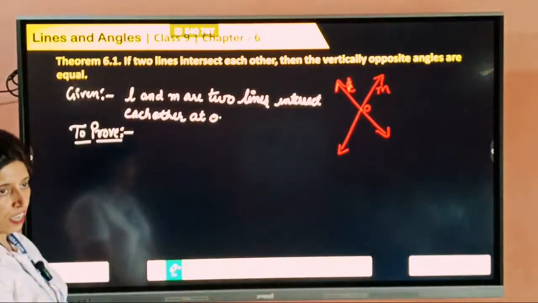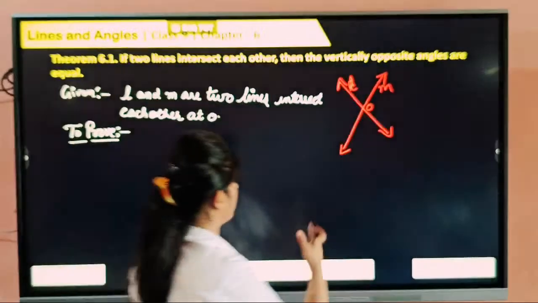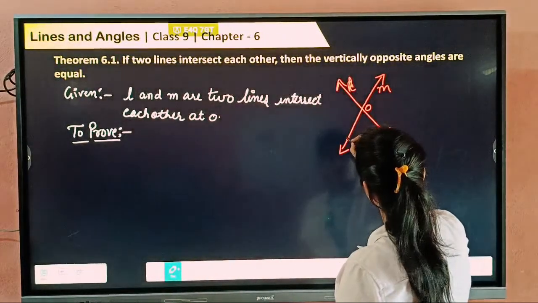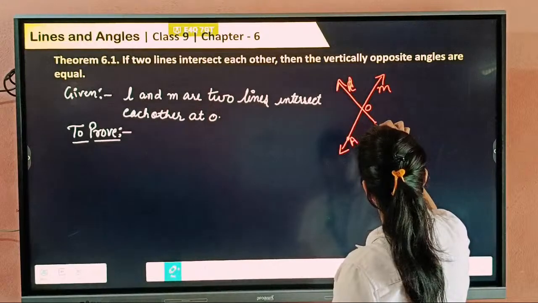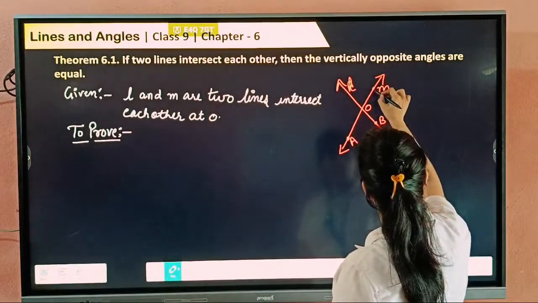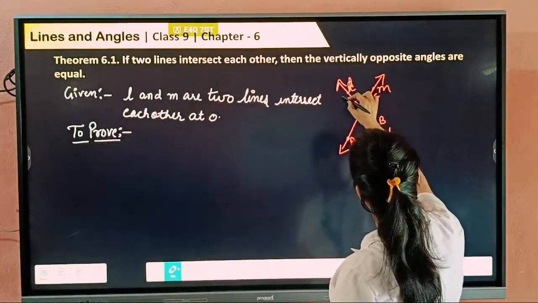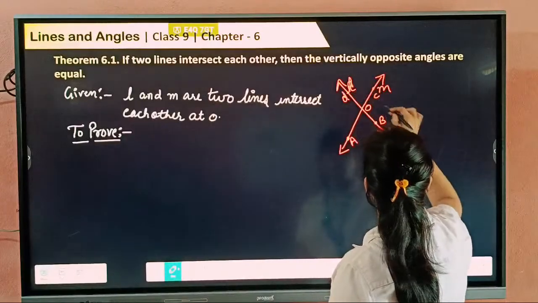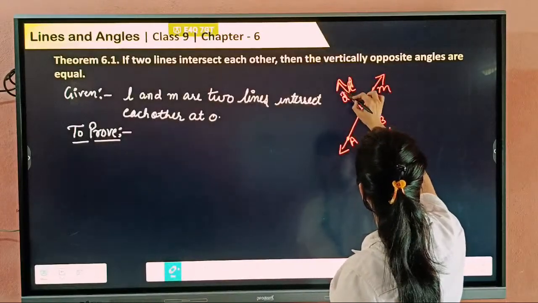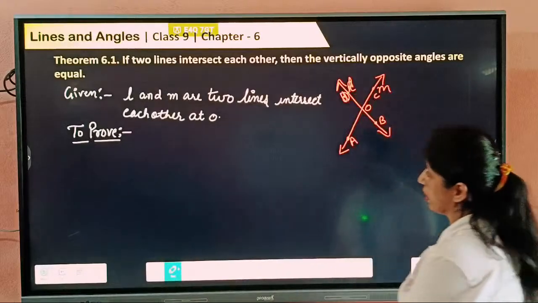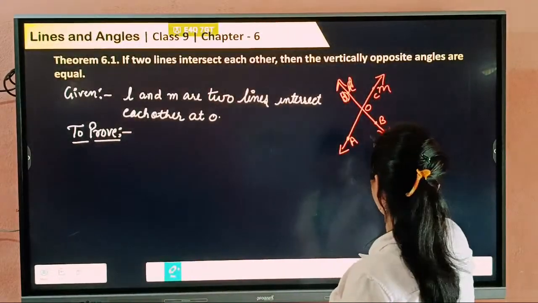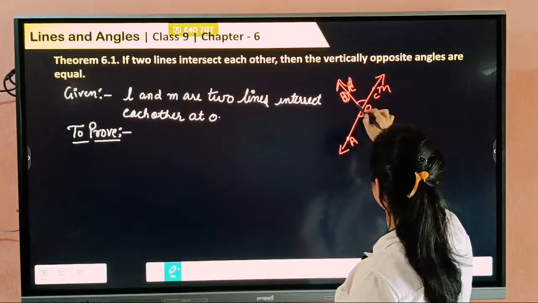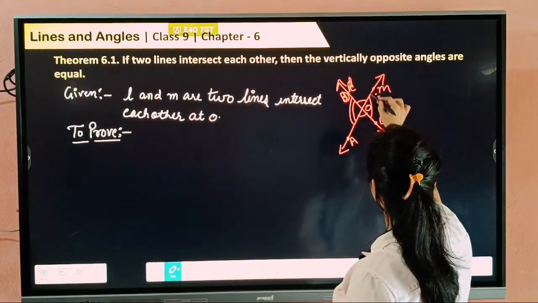Vertically opposite angles are equal. I am giving names here A, B, C and D. Okay, these names I am giving. Now which angles do we have to prove equal? This and this, and this and this.